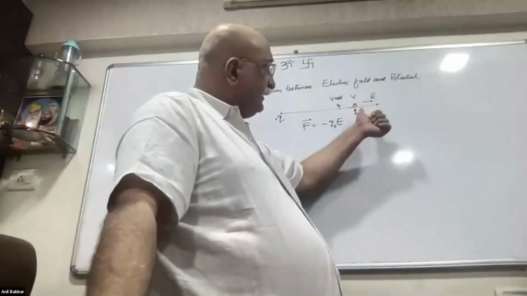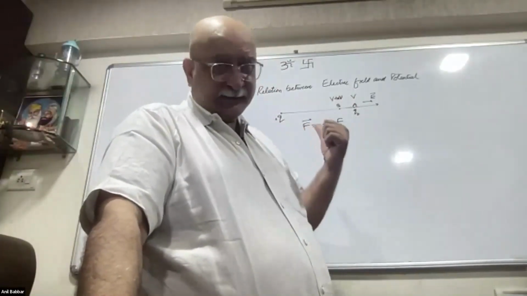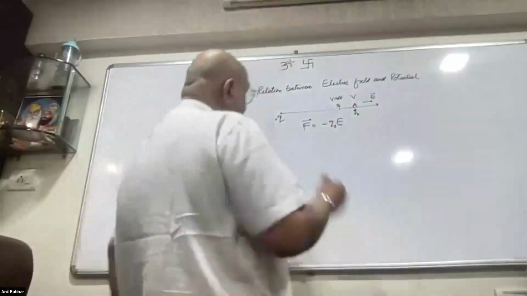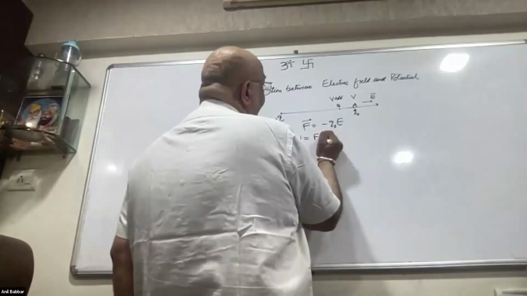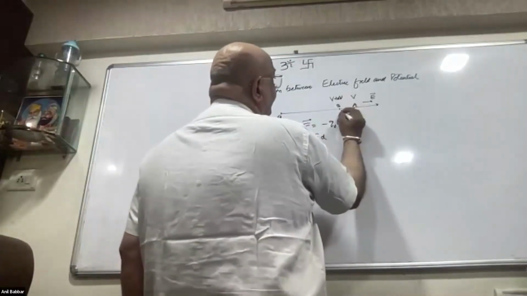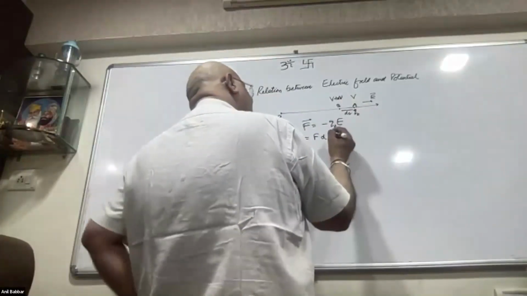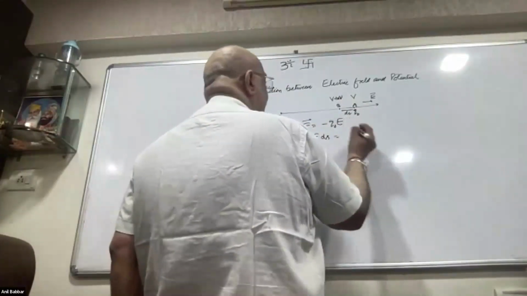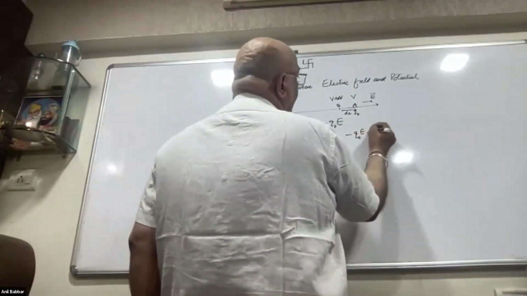Because we are moving it against the electric field of the source charge, that's why we have taken the negative sign. And work done will be equal to force into distance, say dr, as we moved. It will be equal to minus Q naught E into dr.